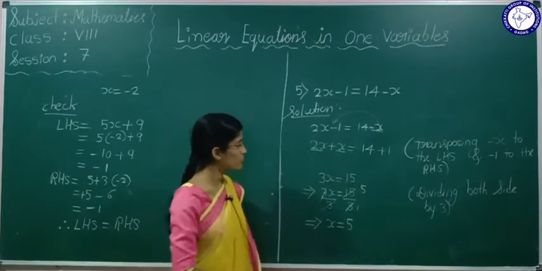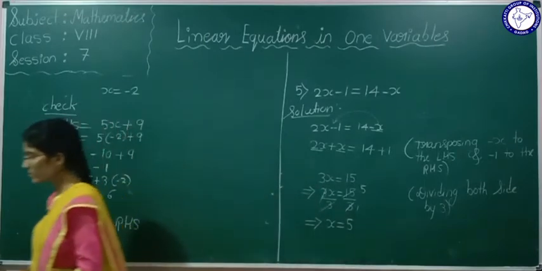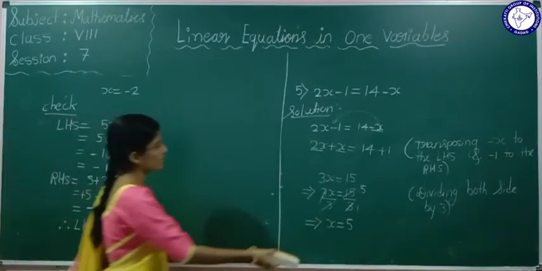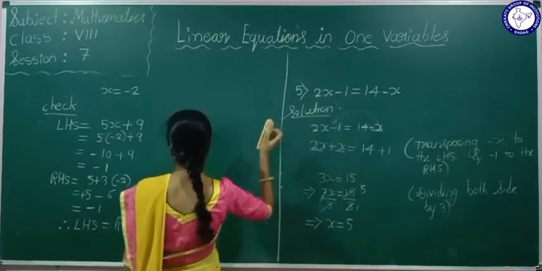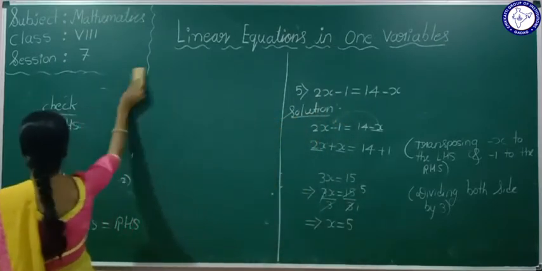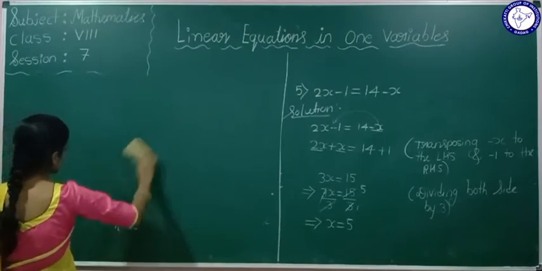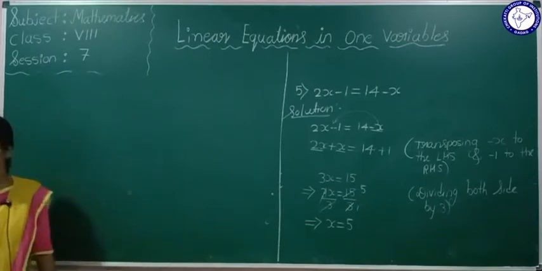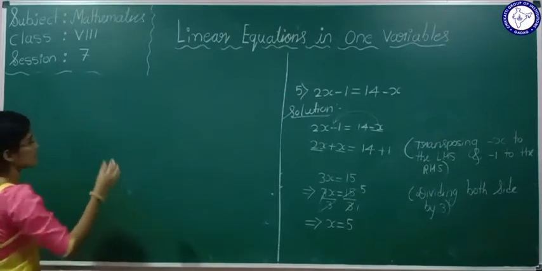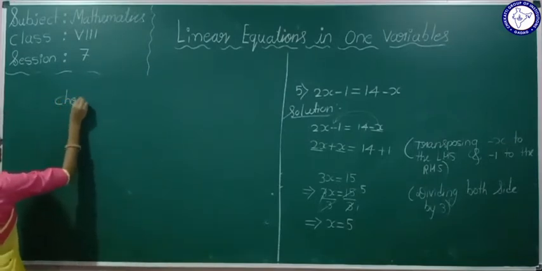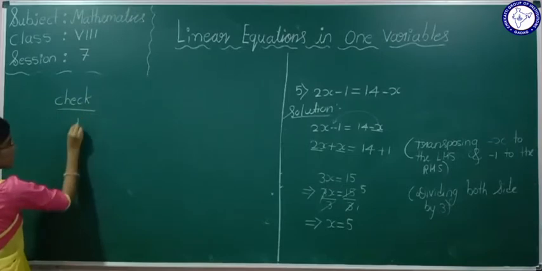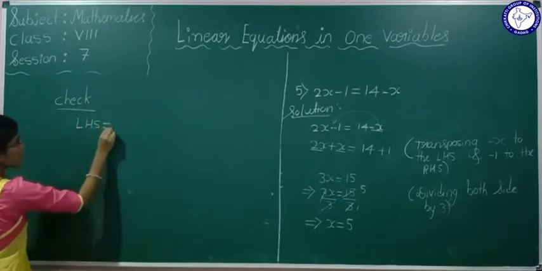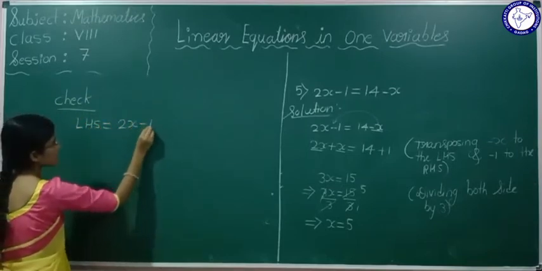Okay, they told us to check, so check it. Substitute this value in the LHS and RHS. If we get the same thing, it means whatever we have done is correct. Check. LHS is equal to 2x minus 1.